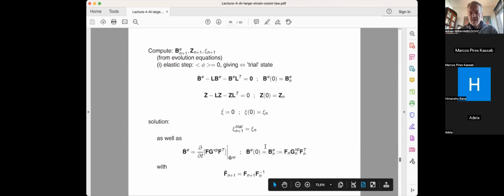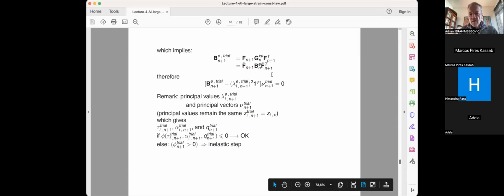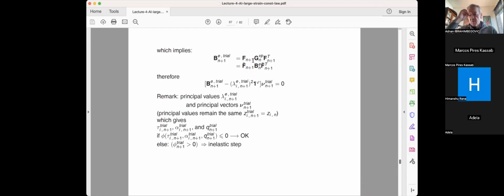If I start with B of 0 is Bn equal to Fn G viscoplastic times Fn transposed, and I have this type of evolution equation, I can introduce the relative deformation gradient, which is computed as Fn plus 1 multiplied by Fn minus 1. And then I can get my trial to be this, that is simply transforming G viscoplastic from step n to n plus 1 by multiplying from the left by Fn plus 1 and from the right by Fn plus 1 transposed.